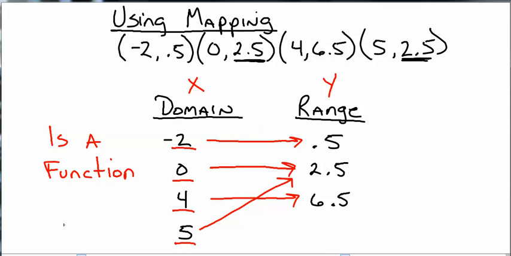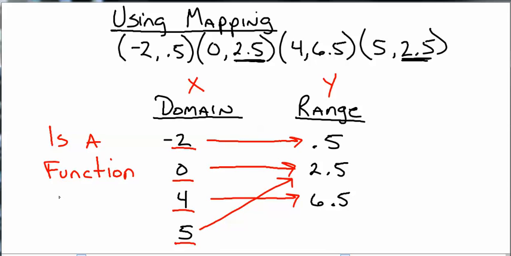Okay? Yes. And we'll do that one next. Okay? So that's how to map some data, and then that's how to determine if it's a function or not by mapping.